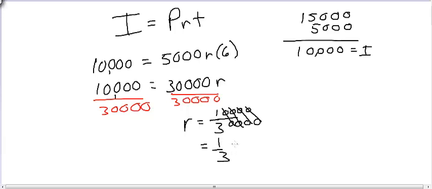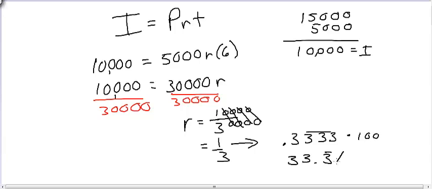Now, I need it as a percentage. So if I divide 1 by 3, I'll get 0.333 repeating. As a percentage, I need to convert this by multiplying by 100. Now I have 33.3 repeating percent.